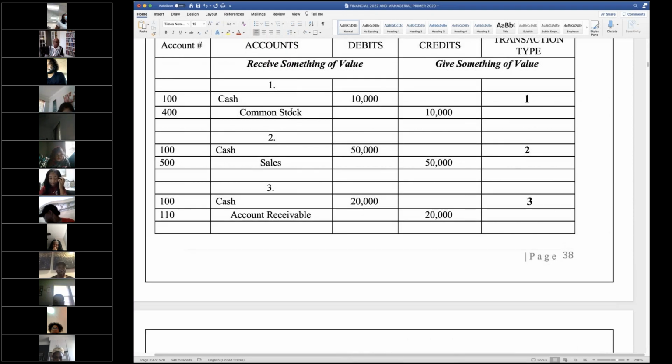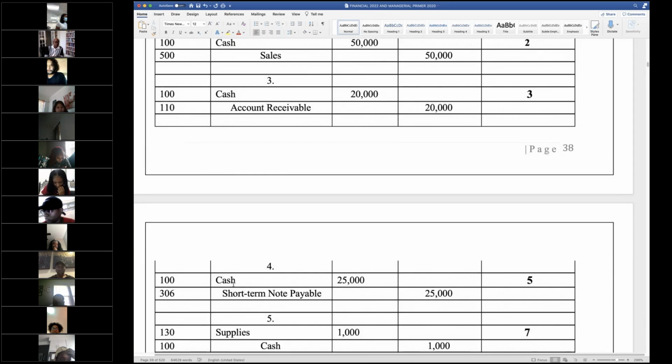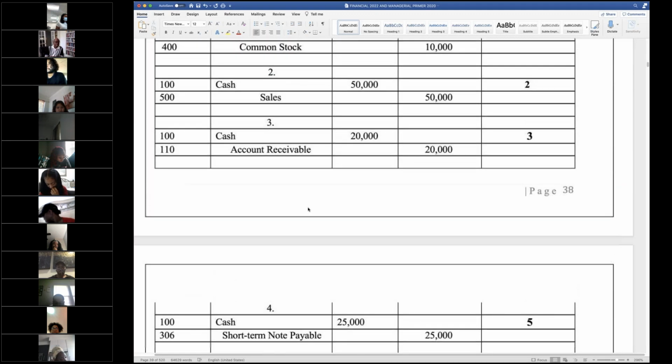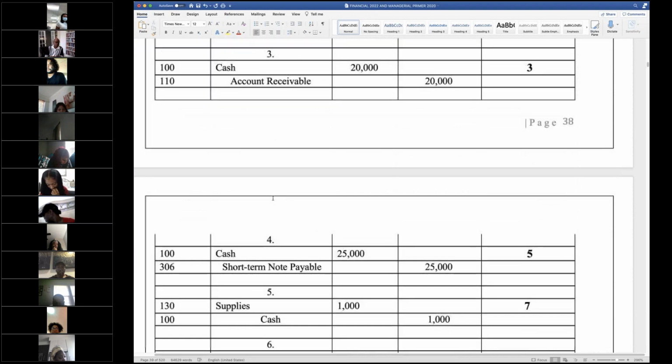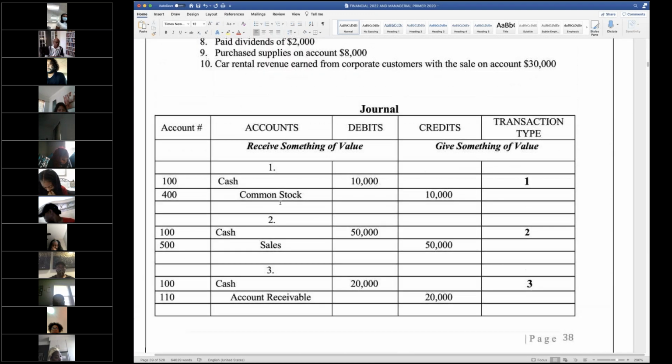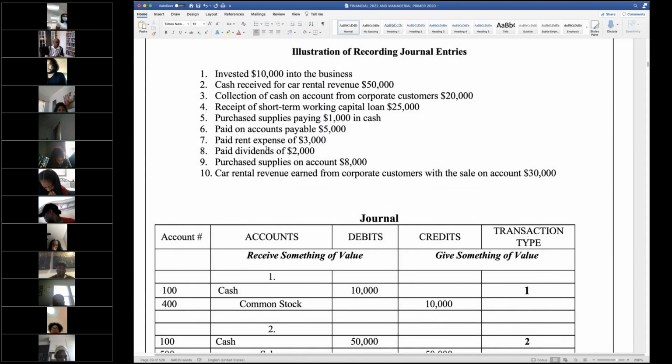For forming the corporation, we credit common stock. If it's a sale, we credit sales. If it's collection of work previously done on an account receivable, we credit accounts receivable. If we receive cash on a short-term note, we credit the note payable. But notice cash is debited each time. So you've had this example.